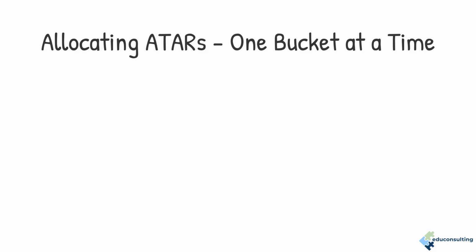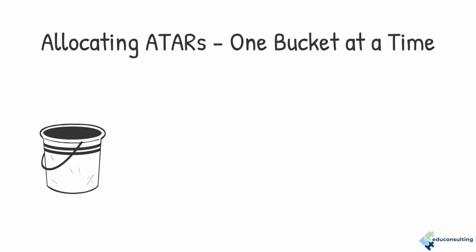It's really that simple. The way that I like to think about how ATARs are given out is by thinking of it as buckets. In 2019 and in 2020, the top 49 students in New South Wales and the ACT received an ATAR of 99.95.